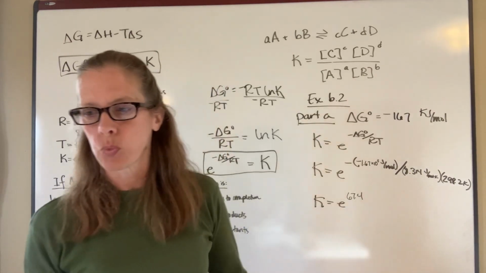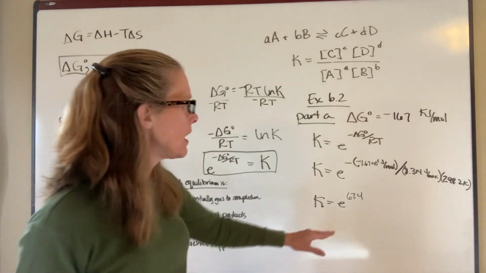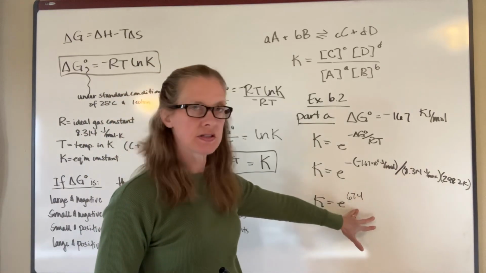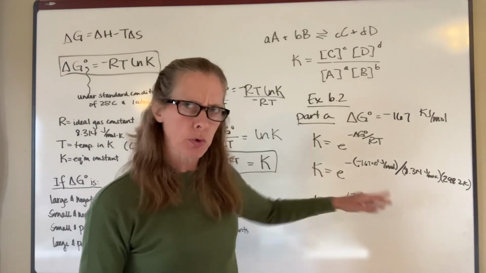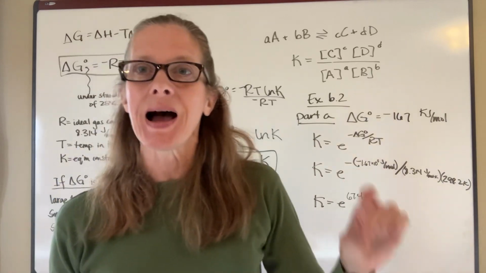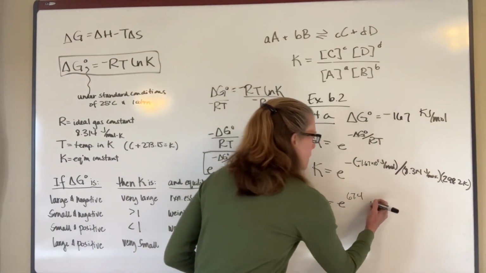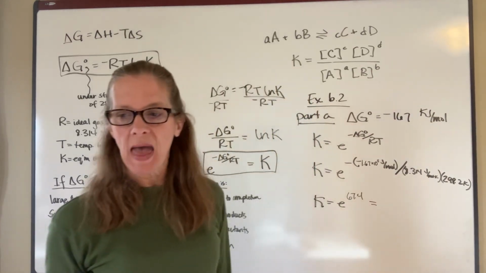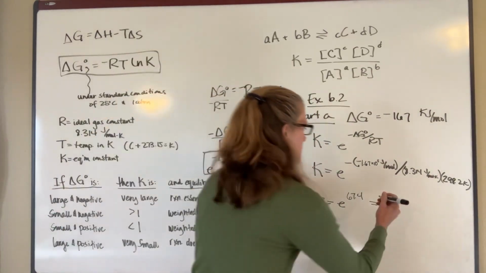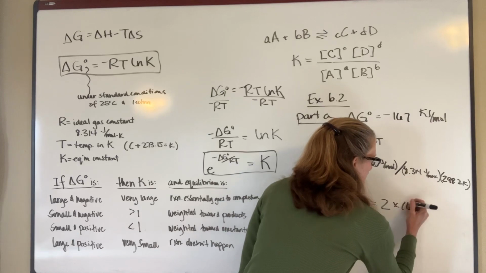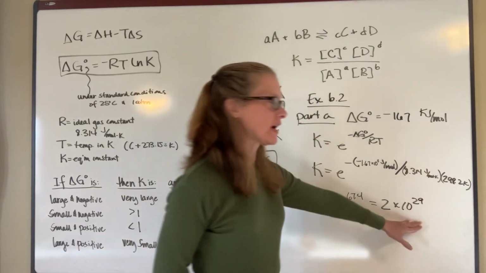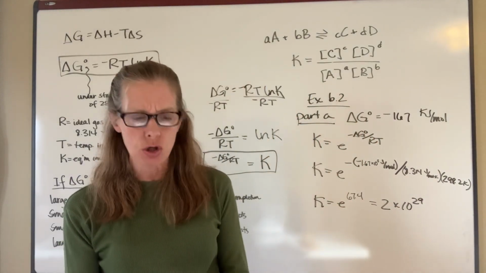I'm just going to have 1 significant figure in the answer. If you take e to the 67.4 power, remember what that actually means. You're taking e times itself 67 times, okay? So when I solve that, that's going to give me 2 times 10 to the 29th. Obviously, that's an absolutely huge number.